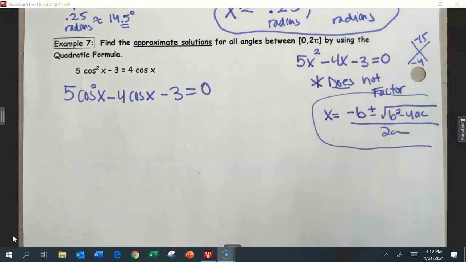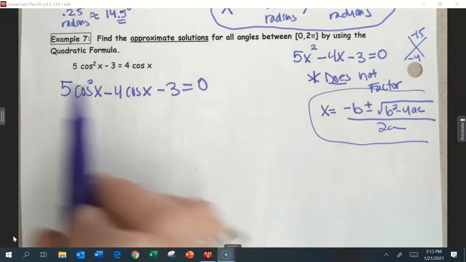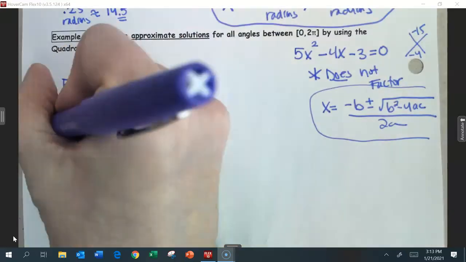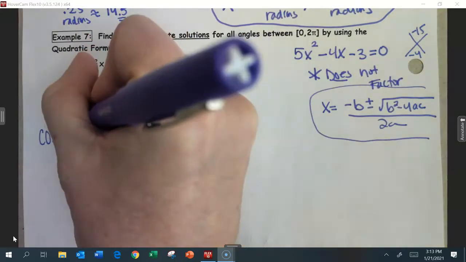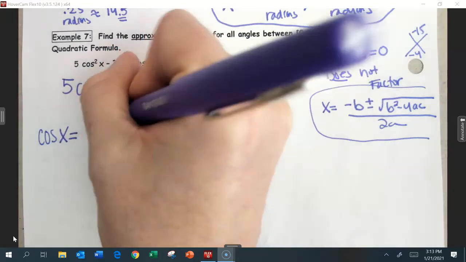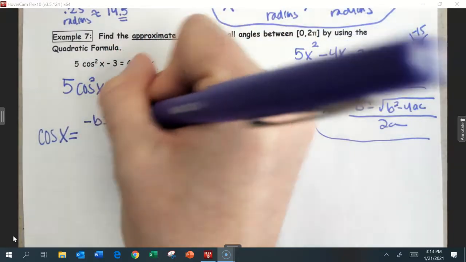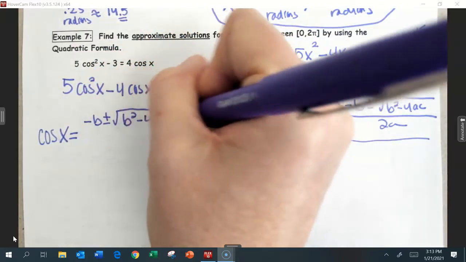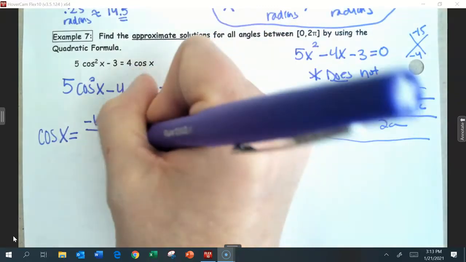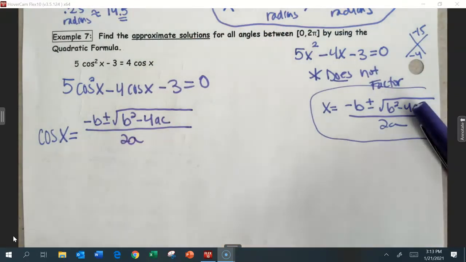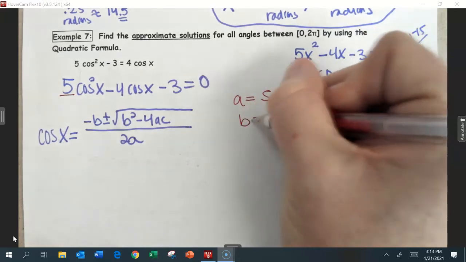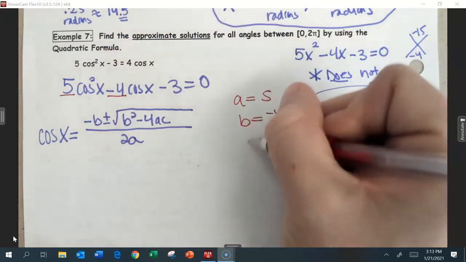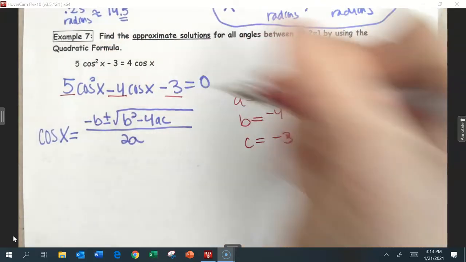So what that means is instead of having x equals, remember we're trying to get cosine of x. So the cosine of x equals negative b plus or minus, and I'm just going to rewrite this one more time. You don't have to. You might already be able to fill in. But remember, these values are a is 5, b is negative 4, and c is negative 3.